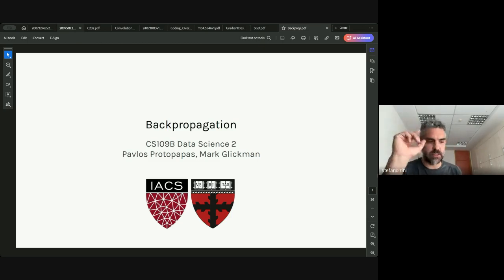So that's why you always need to do one forward pass and one backward pass. And you have to repeat this for the two parameters that we have in this very simple network, which are beta 0 and beta 1. So the coefficients for the 0 degree and the 1 degree input coefficients.